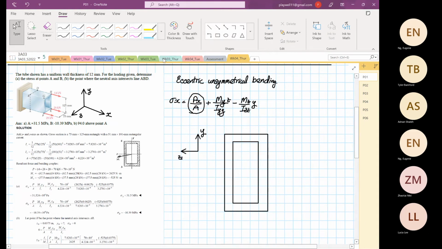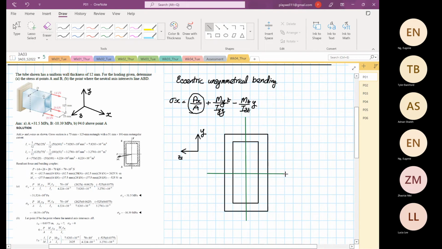And then I'm going to draw over here by observation. You know where the centroid is just by pure observation. So I'm going to draw our centroid. You don't need to go to the calculation because it's symmetrical. So this is one axis, and then this is the other axis.